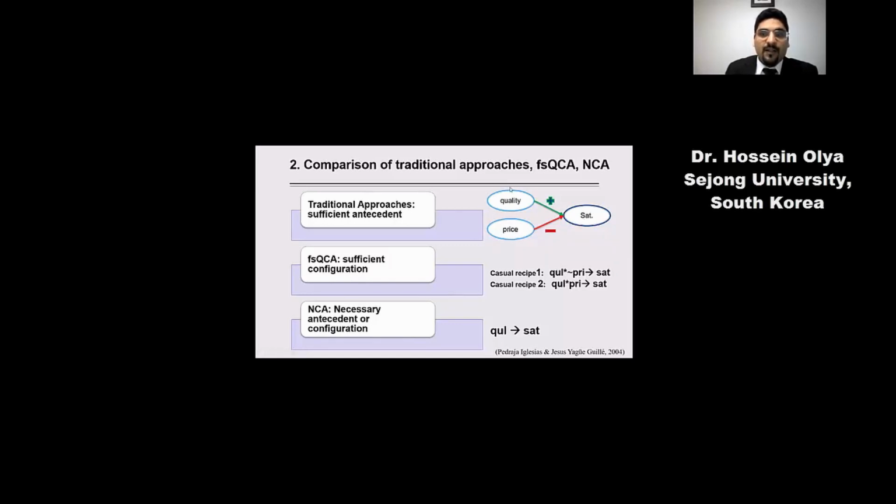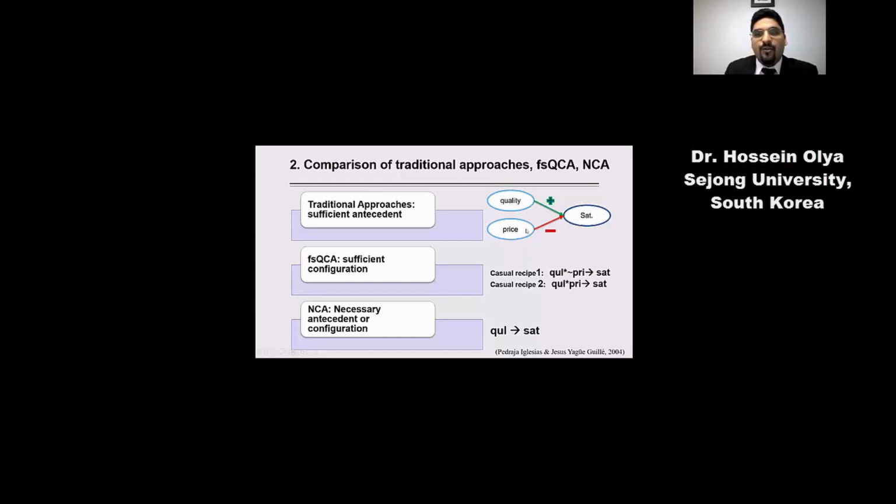So normally we draw our model like this. We use an oval shape. We come up with the effect and the strength of the factors, and we interpret like this: quality increases satisfaction, and high price decreases satisfaction.